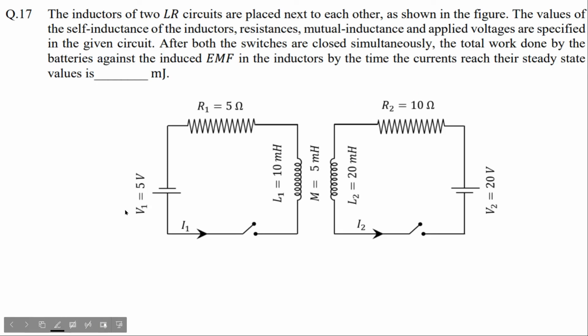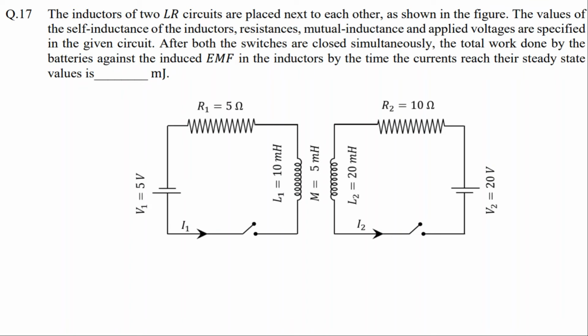So we have this. Two inductors of two LR circuits are placed next to each other, as shown in the figure. The values of the self inductance of the inductors, resistances, and mutual inductance and applied voltages are specified in the circuit. As we can see, L1, V1, R1, and M are given.